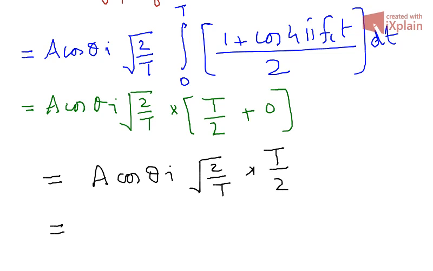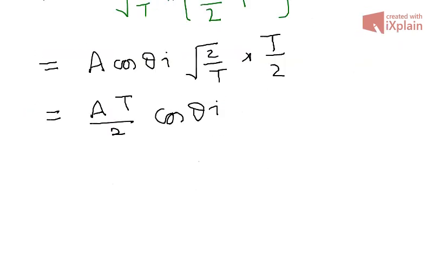What is that? You get a times T over 2 cos theta. This is what we get. Now what is this?